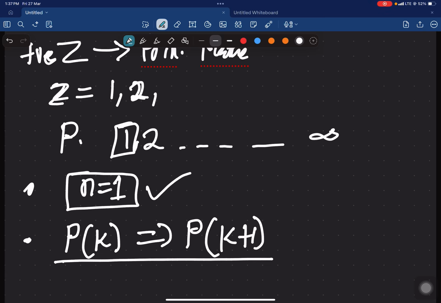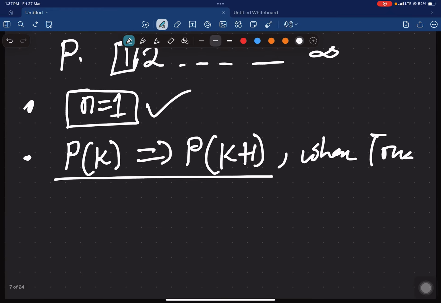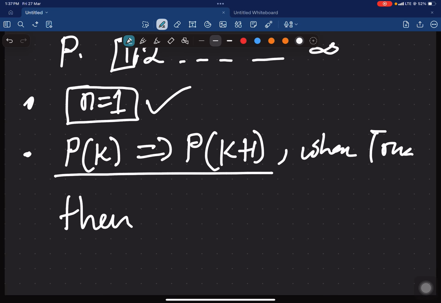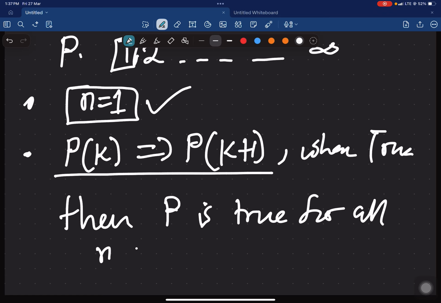When we verify that this implication is true, this is where we establish that the statement P is true for all n being a positive integer, from 0 going to infinity. So these are the simple steps that we are going to be doing in mathematical induction. So let's take one quick example.